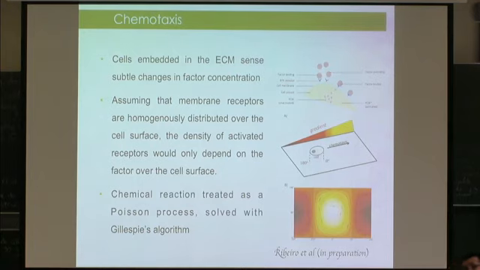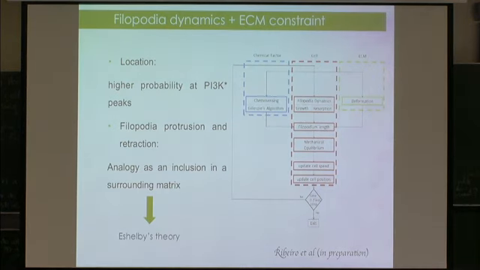Based on this algorithm, we are going to estimate the areas where we have a higher probability that a protrusion, a branch, is going to appear. So normally we incorporate a reaction diffusion equation that gives us the higher probability.